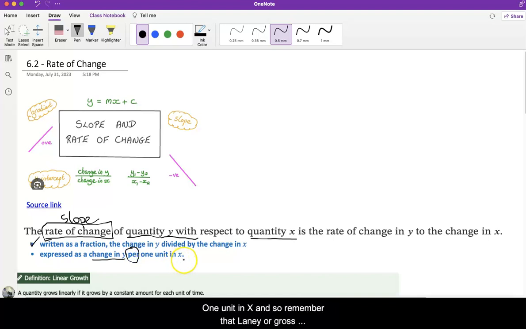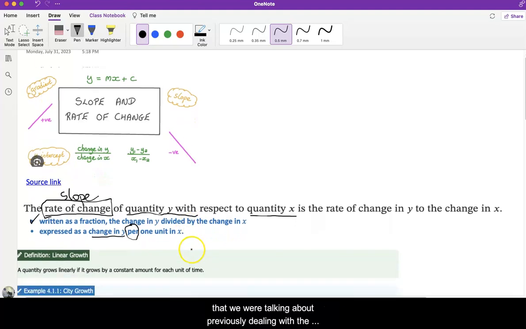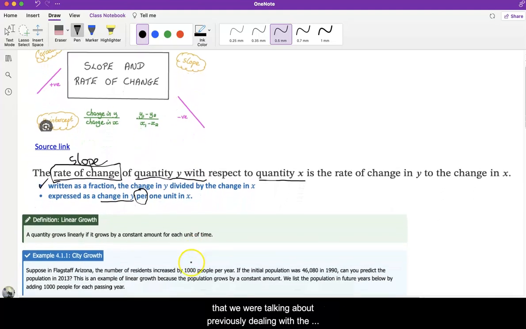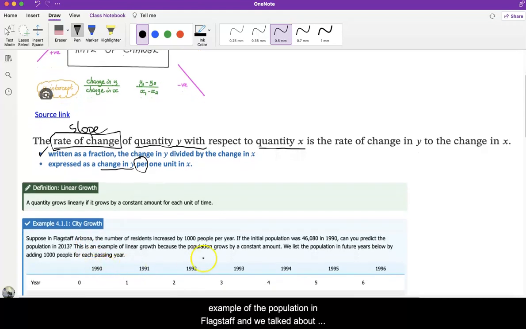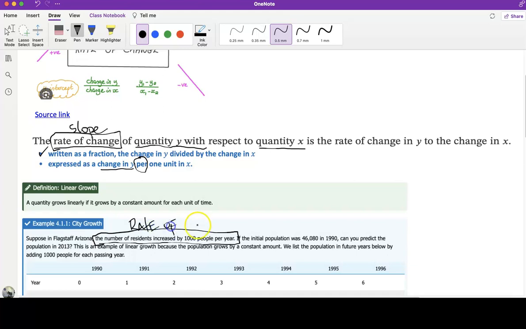per one unit in x. Remember that linear growth we were talking about previously, dealing with the example of the population in Flagstaff, and we talked about the number of residents increasing by 1,000 people per year. This is an example of a rate of change.